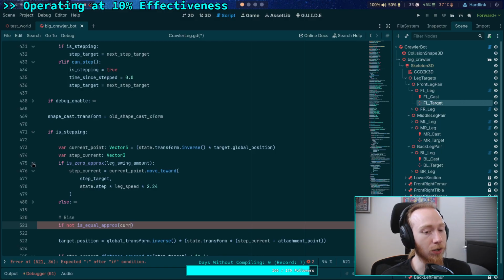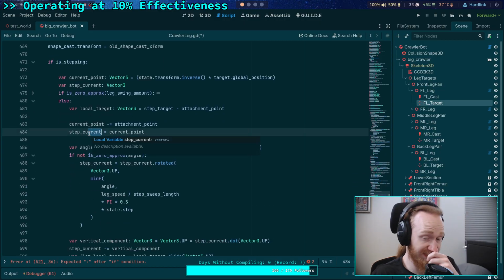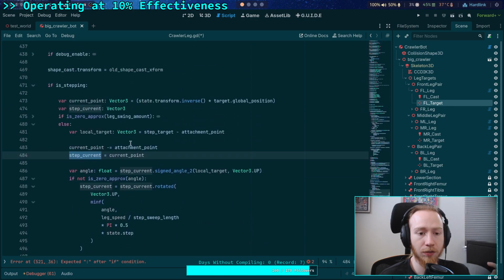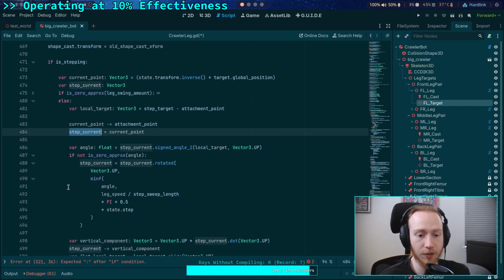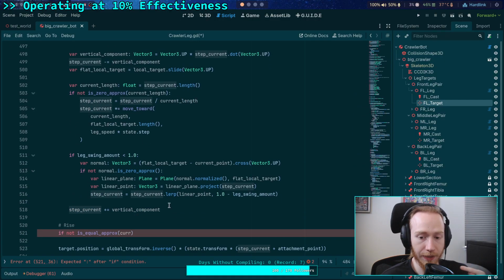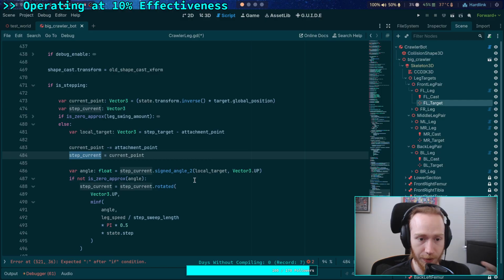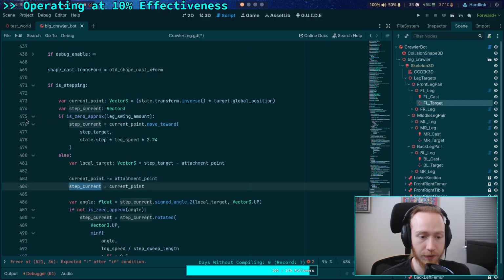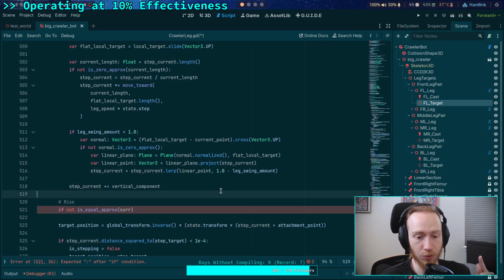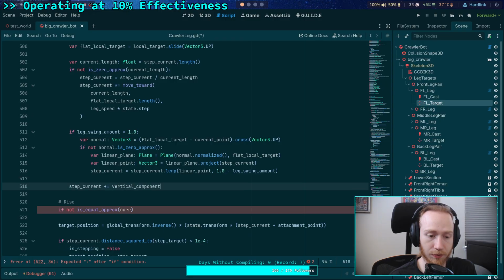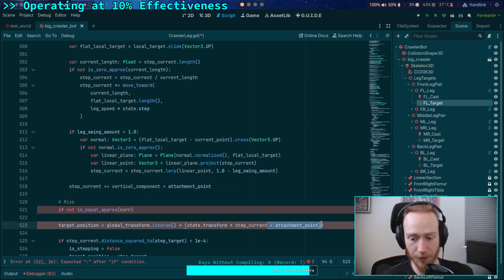Yeah, I'm comparing step current to step target. Step current is equal to current point, and then at the end add the vertical component, and I think I need to add the attachment point no matter what. So here I would say step. Do that. This drops out.